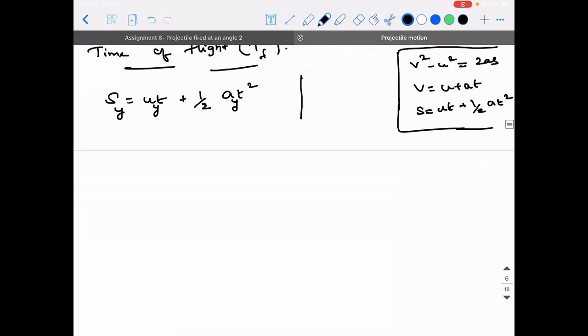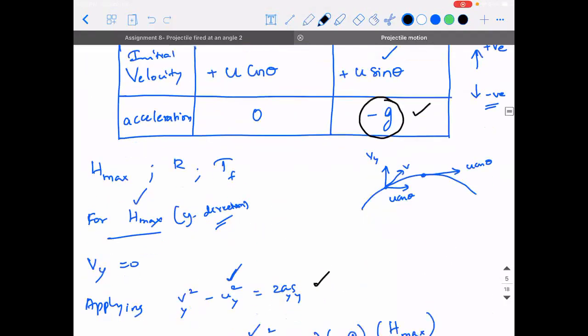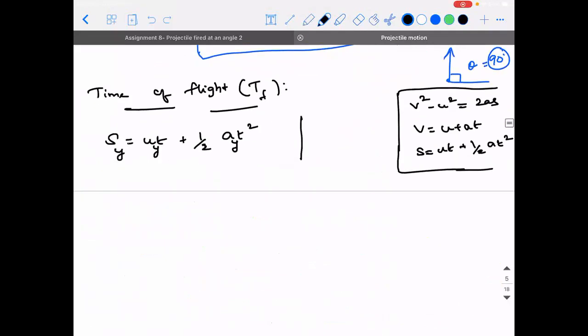So when the particle has traveled from this point to, let's say, point B, what is the displacement of the particle in the y direction? Sir, H max.